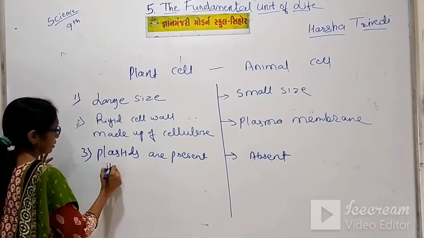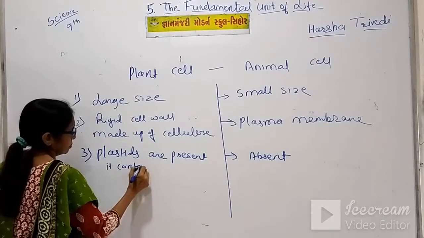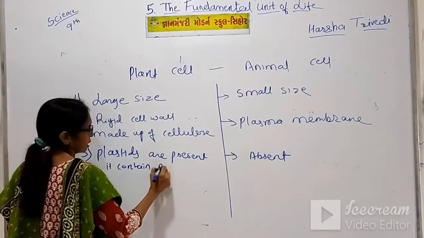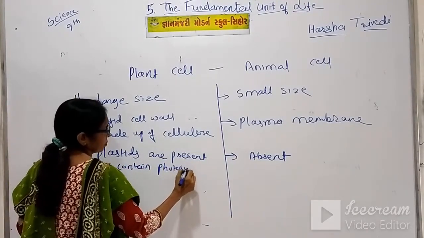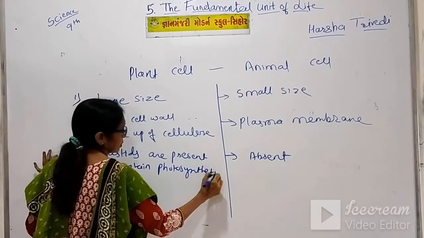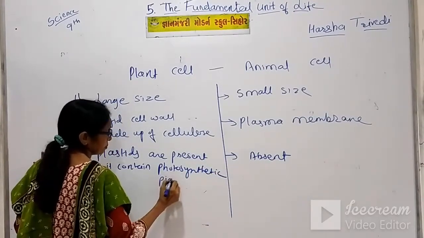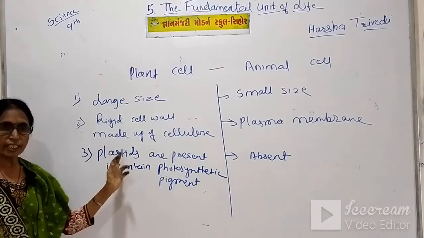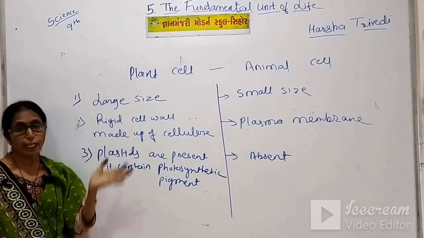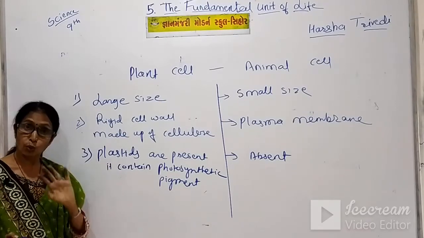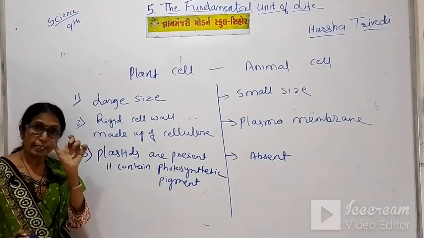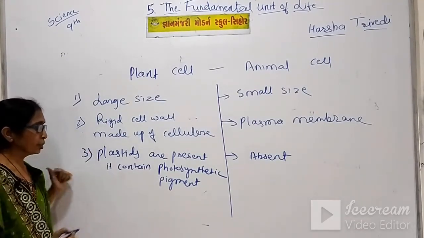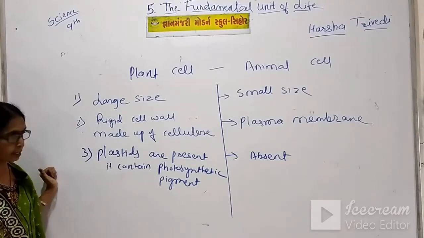Also, it contains photosynthetic pigments. Students, we have discussed plastids have chromoplasts and chloroplasts having chlorophyll. They are green in color and they do the process of photosynthesis.